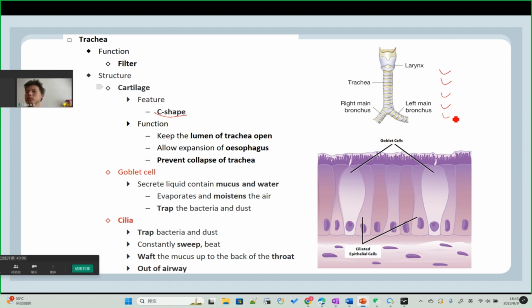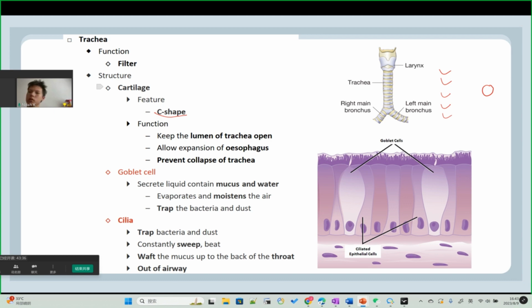It's not a full circle of cartilage, but just part of one. The main function is firstly to keep the lumen of the trachea open. If you don't have this cartilage, your trachea may collapse, blocking your air pathway. Another function is to allow expansion of the esophagus.